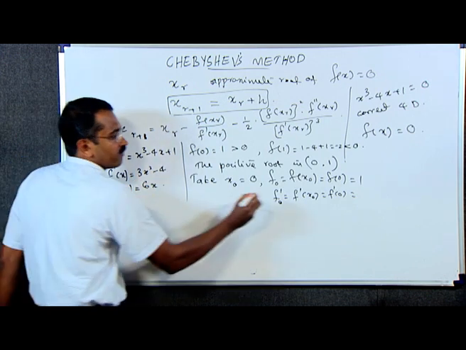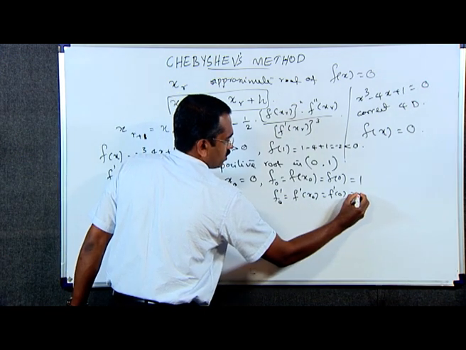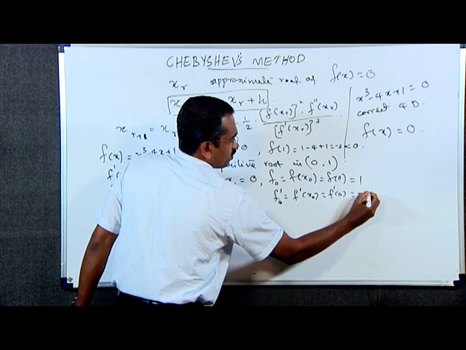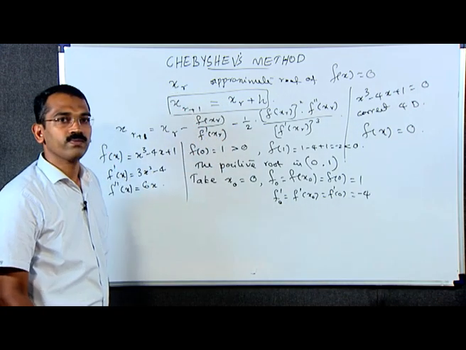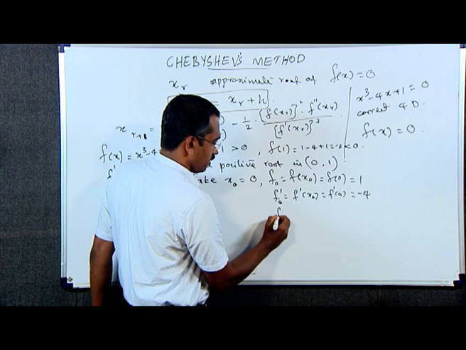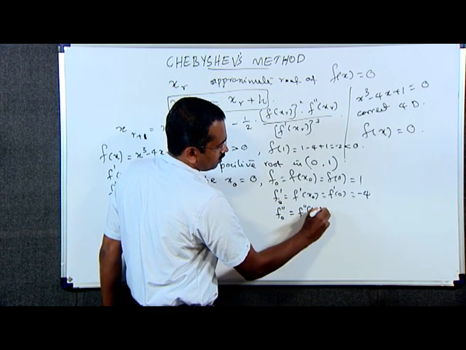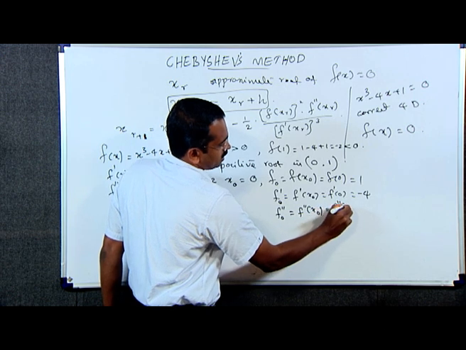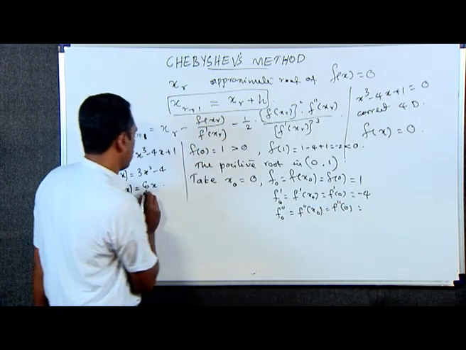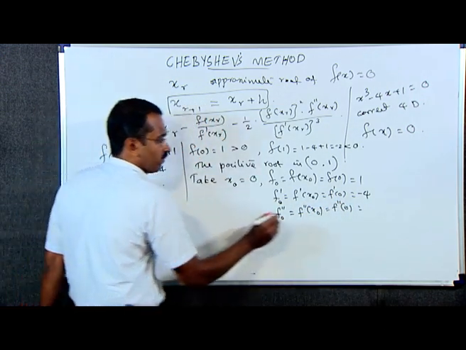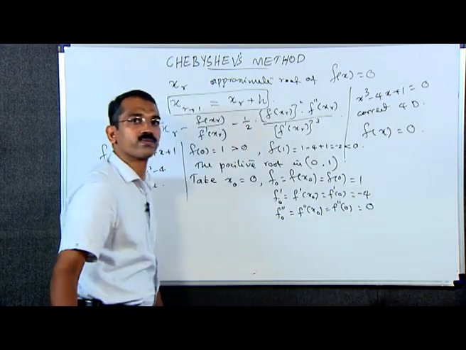F'(0) is minus 4, and f naught double dash, that is f'' at x naught, that is f'' at 0, which is 6 into 0, that is 0.